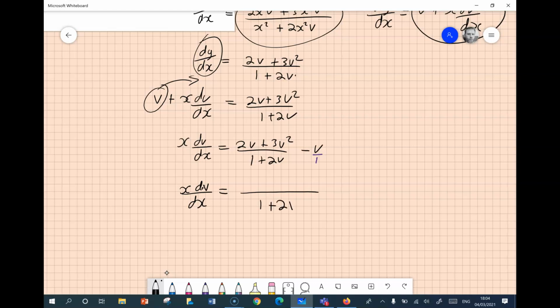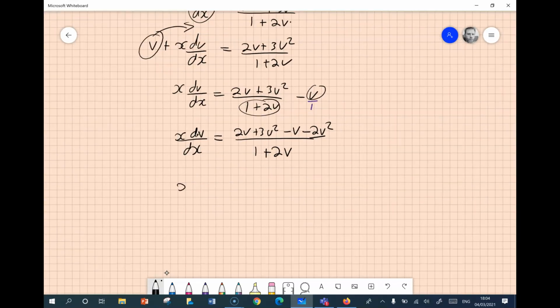So over 1 + 2v, we have 2v + 3v², and then 1 + 2v needs to multiply this minus v, which gives minus v minus 2v². Alright, we tidy up again. So x dv/dx is equal to 2v minus v, which is just v, and 3v² minus 2v², which is plus v², all over 1 + 2v.